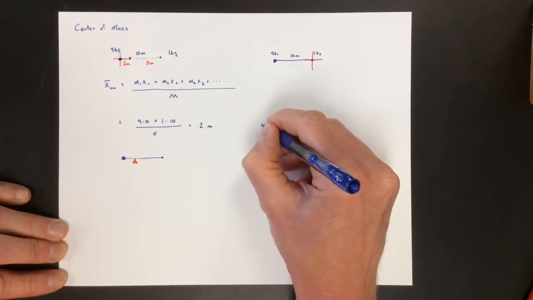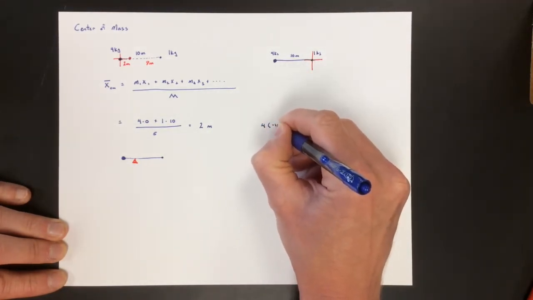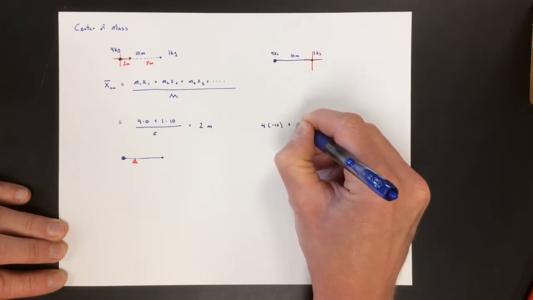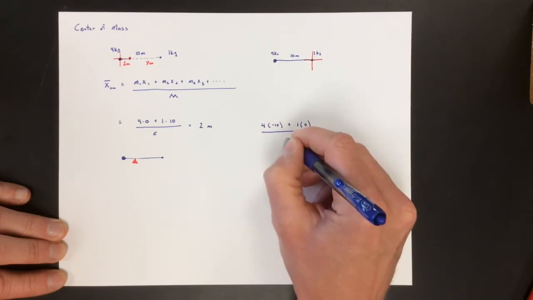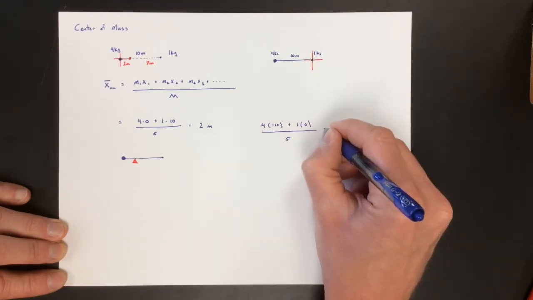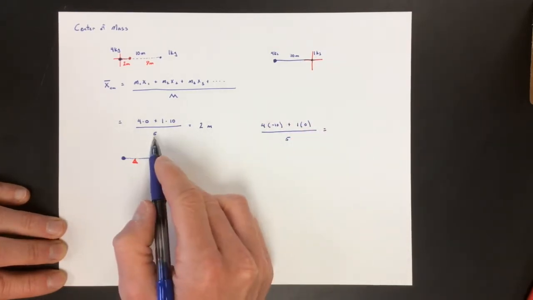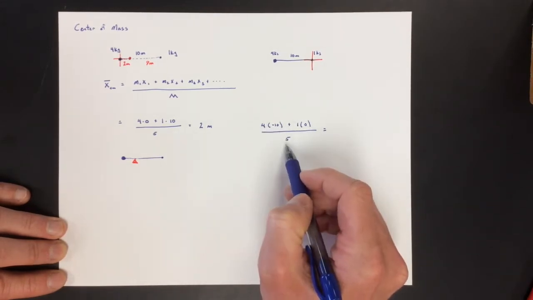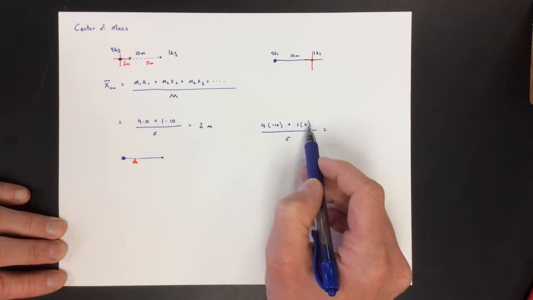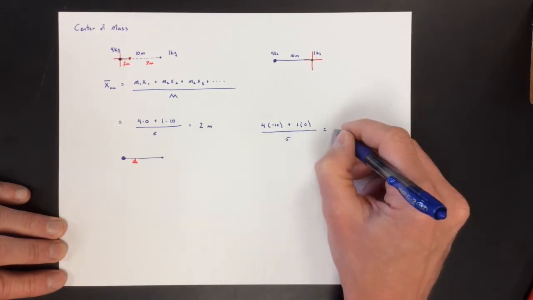So we have 4 kilograms at a position of negative 10 plus 1 kilogram at a position of 0, divided by 5 total kilograms to give us our center of mass. Same thing I did over here: each mass multiplied by its position, divided by the total mass. So this is negative 40 plus 0. Negative 40 over 5 is negative 8.